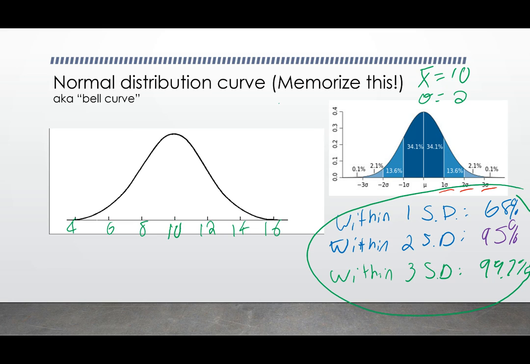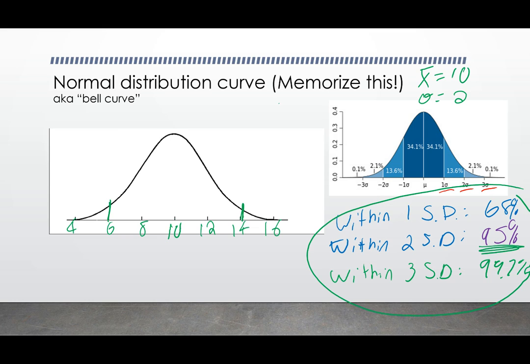If my mean was 10 and my standard deviation was 2, this would mean that 68% of the fish in the lake are between 8 and 12 pounds. If I look at my data, 68% of the fish that I caught would be between 8 and 12 pounds because they fall within 1 standard deviation. Within 2 standard deviations, from 6 pounds to 14 pounds, that would be 95% of my fish.